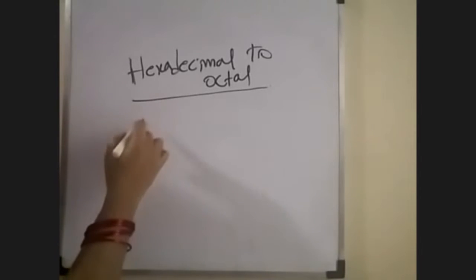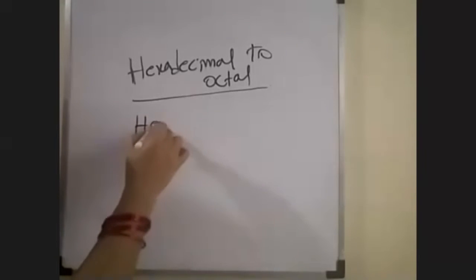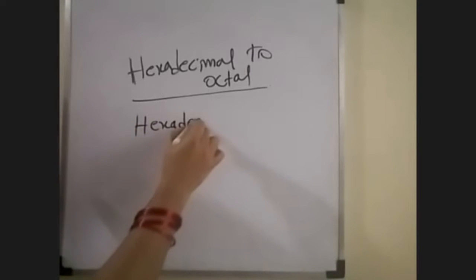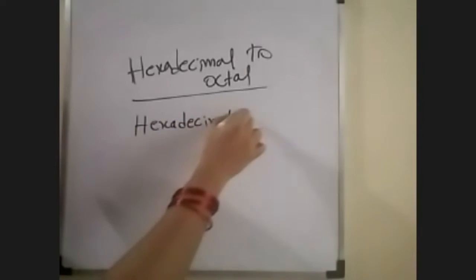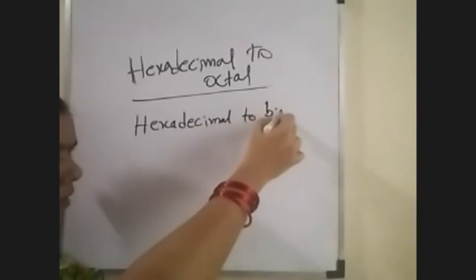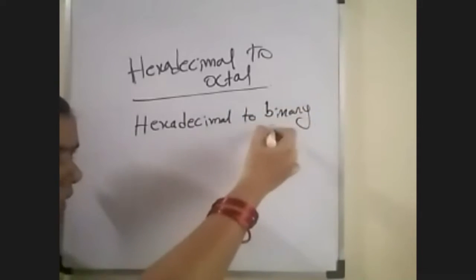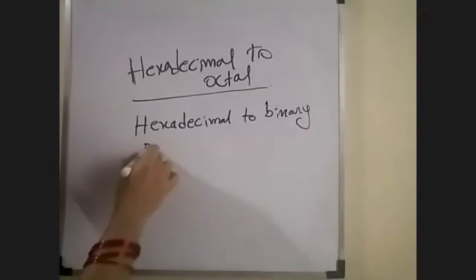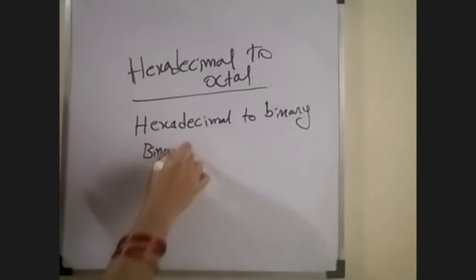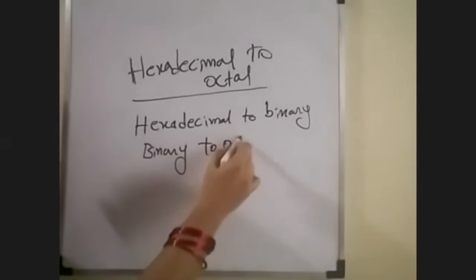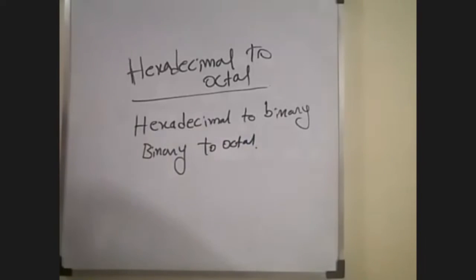First you will convert hexadecimal to binary number. Then you take this binary value and group 3 bits and convert it to octal. So these two steps you will follow. Whatever the hexadecimal number is, first you convert it into its binary number.